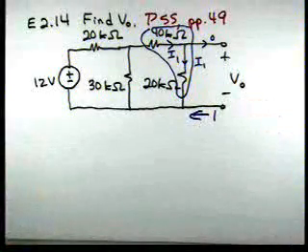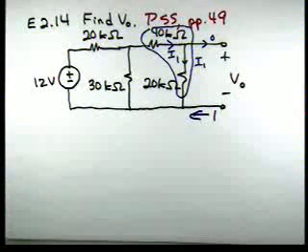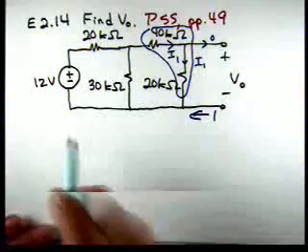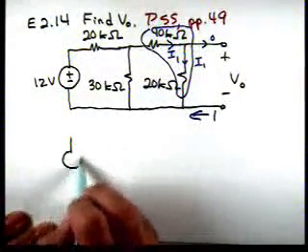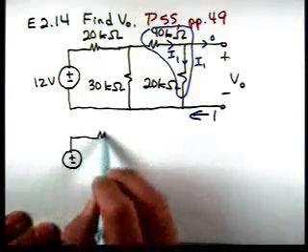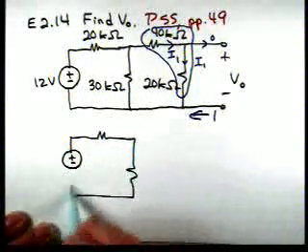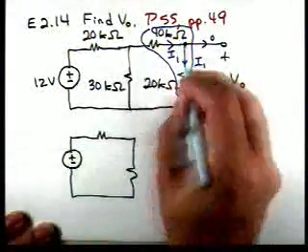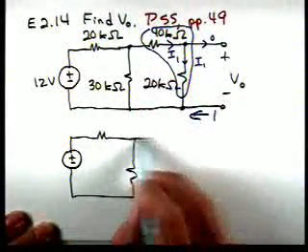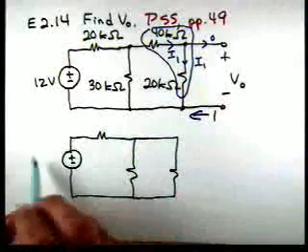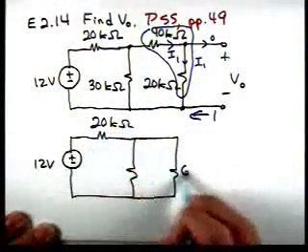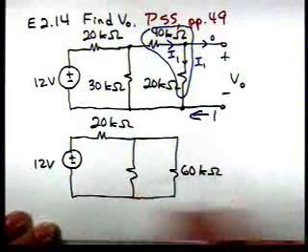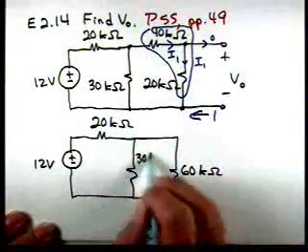So let's start by combining those two resistors in series, and let's redraw our circuit to account for that. Okay, so once we make that combination, we have this.